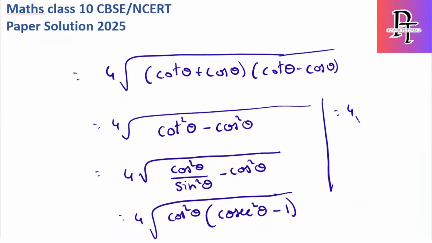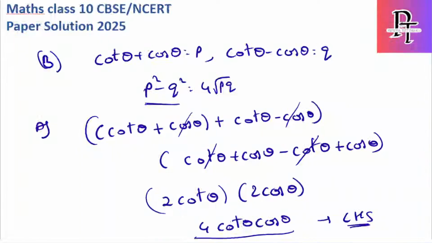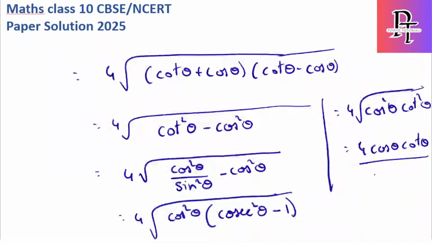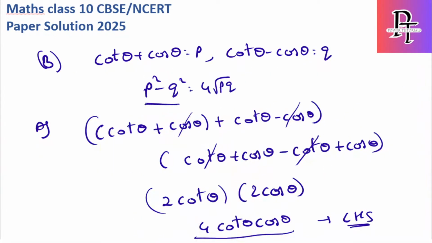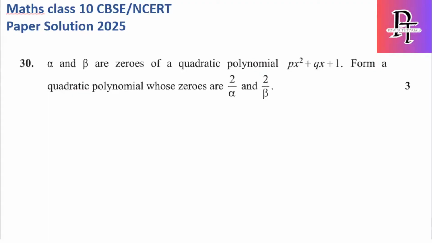So this step will become root of cos square theta and cot square theta. If I divide, roots get cancelled out, so this becomes 4 cos theta cot theta. If you notice LHS, the same 4 cot theta cos theta, and RHS is also 4 cos theta cot theta. So LHS is equal to RHS, hence proved. For this type of questions, first find LHS, find RHS, and make sure both are getting the same value. Okay, let's move to the next one, which is the 30th question.